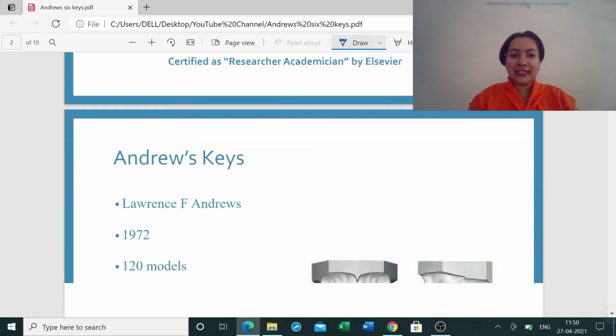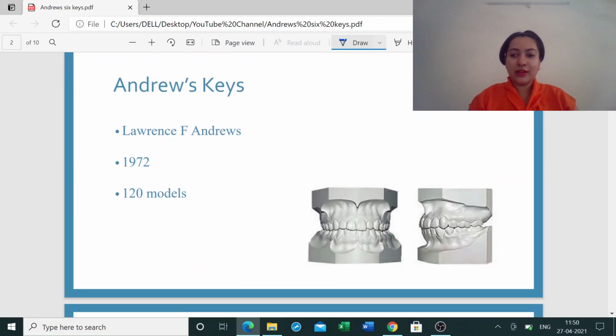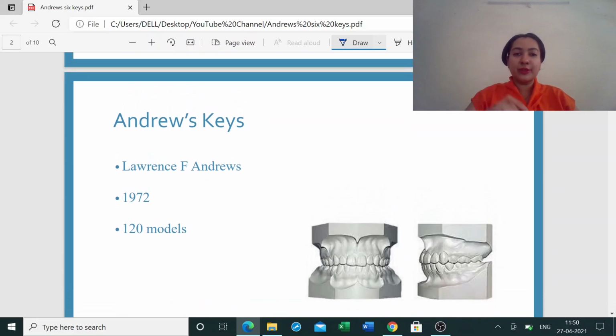So the first key Andrews came up with was based on a few of his findings. Andrews' keys were given by Lawrence F. Andrews. In 1972, Andrews studied 120 orthodontic models. He went through the study models of 120 patients and saw there was absolutely normal occlusion, good intercuspation, and everything was very normal.